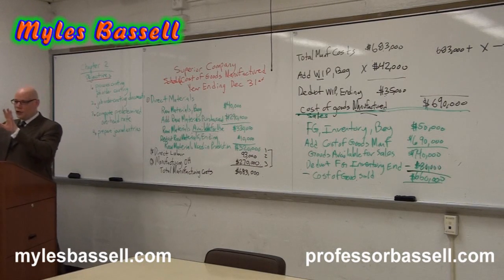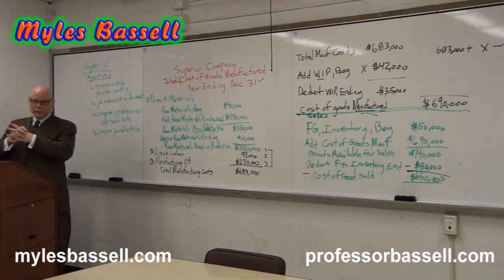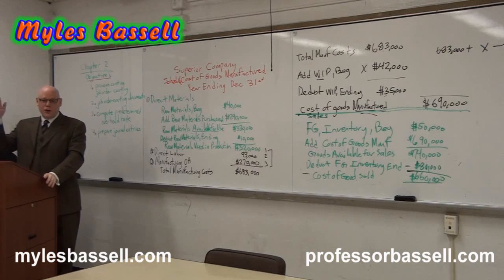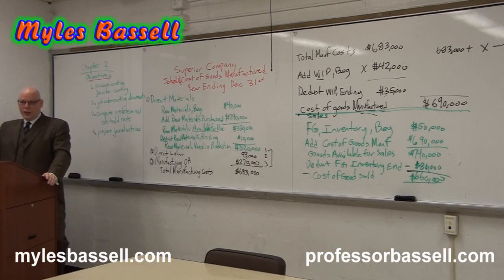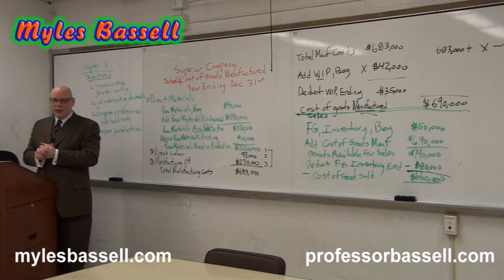Right, process costing is one single product, which is different from job order costing, because job order costing is a lot of different unique products. So for job order costing, you have to cost out each job separately.